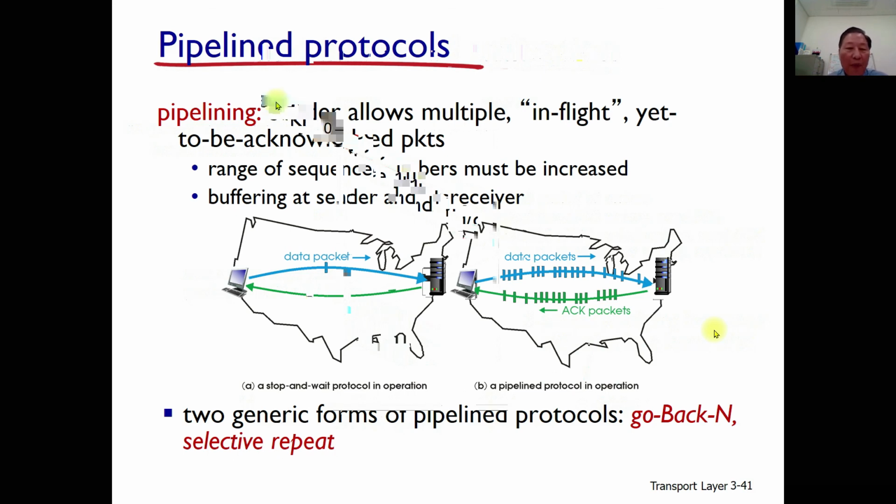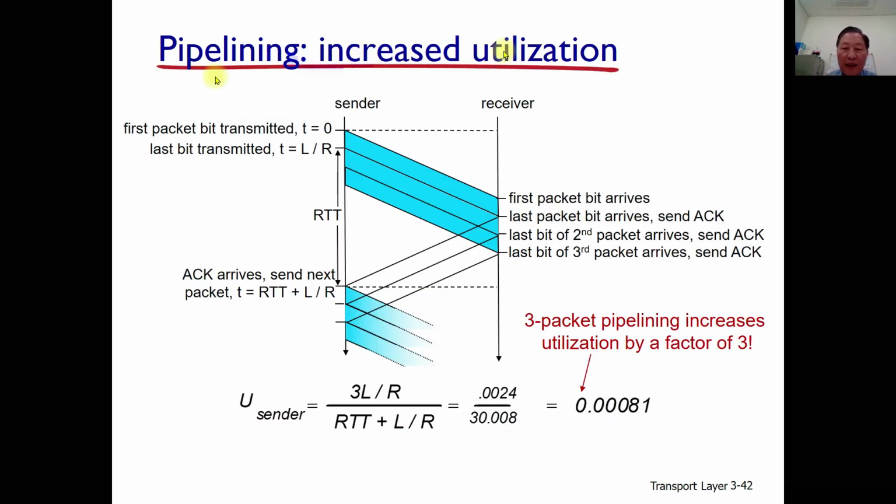If we are using pipelining scheme, then the utilization will be increased like this. Instead of a single packet, we are sending multiple packets at the same time. Then the utilization will be increased 3 times like this. If we are sending 3 packets together continuously, then we can increase the utilization.